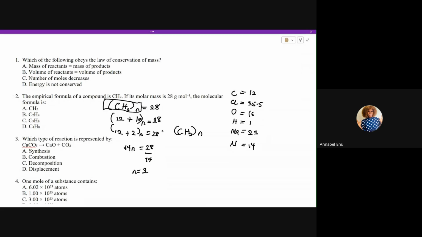And now we have found n to be 2, so it's going to be (CH2)2. So it's more like going to be C2H4. Please, if anyone is confused, let me know, or if you have any question.